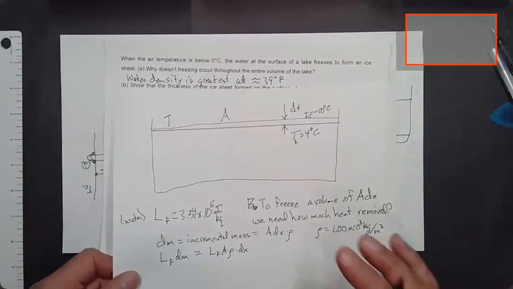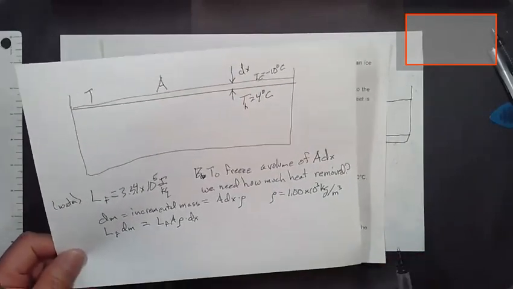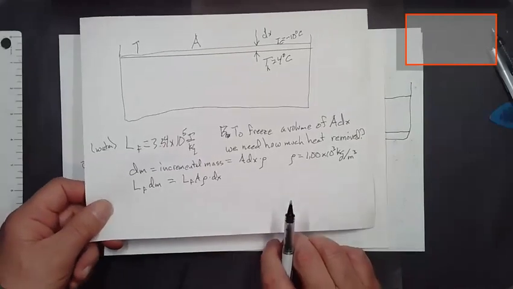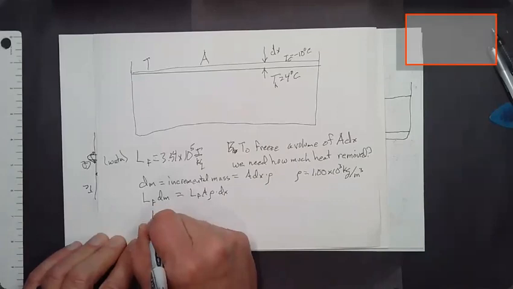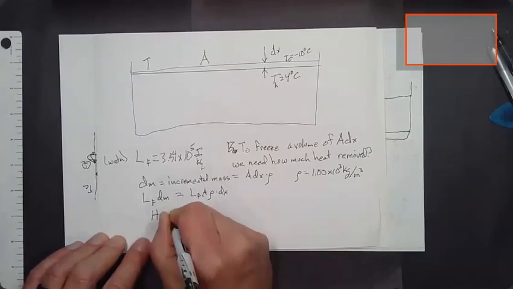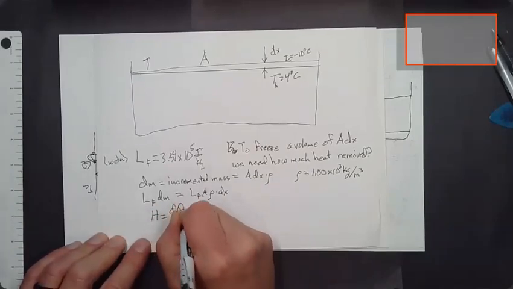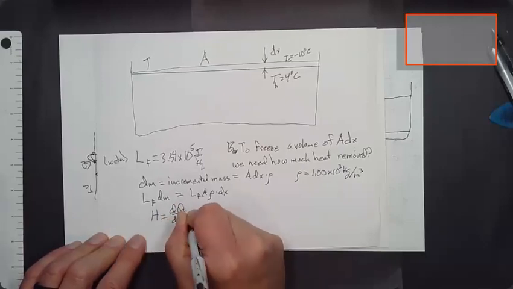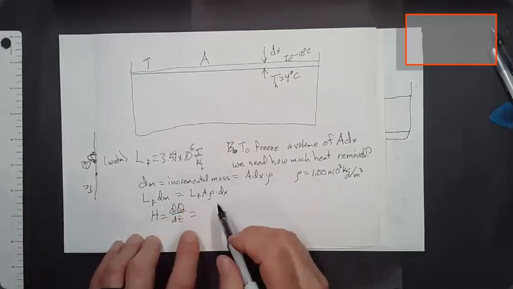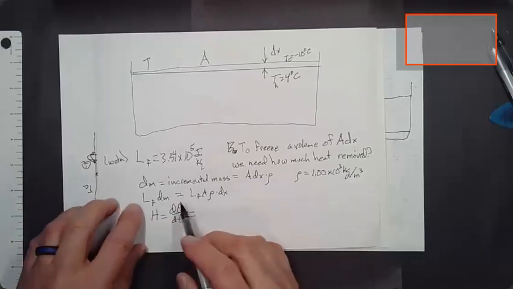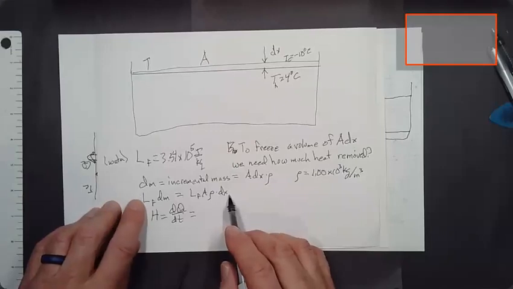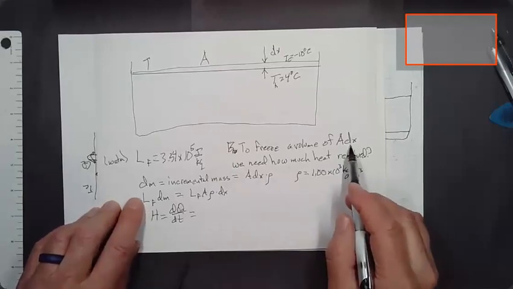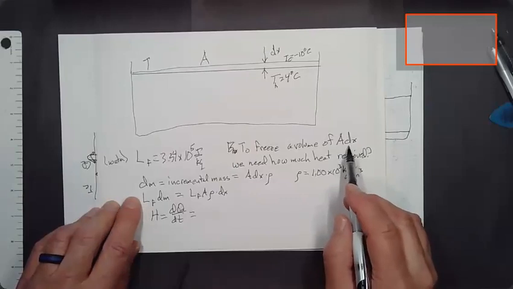So let's see with what we've got here, what kind of an expression we could set up for this thing. The heat flow, which is going to be dQ dt, is going to equal, well, the dQ, this is the heat needed to freeze a little amount there.